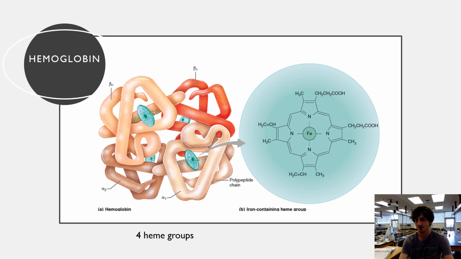One of the weird things about hemoglobin is that while it does have a fairly high affinity for oxygen and carbon dioxide, it has an even higher affinity for carbon monoxide. This is a byproduct of combustion, and this is why it's important for you all to have a carbon monoxide detector in your homes or your apartments, because it does attach to these heme groups much more readily than carbon dioxide or oxygen.